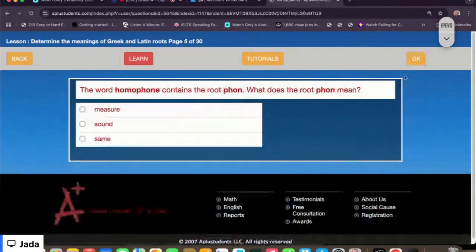So the word homophone contains the root phone. What does the root phone mean?